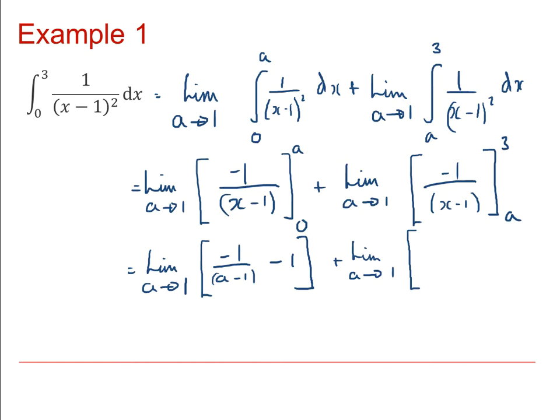And putting in 3 into here, we get negative 1 over 2, and then plus 1 over (a minus 1). But 1 over (a minus 1) does not converge as a approaches 1, so we can say that that approaches infinity, and therefore neither of these is defined, so the value of the integral does not converge.